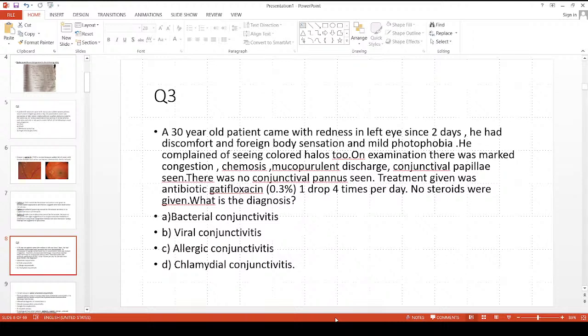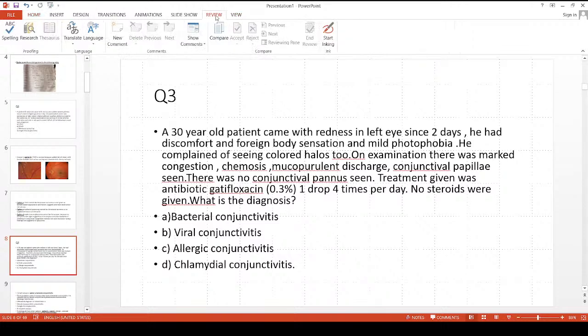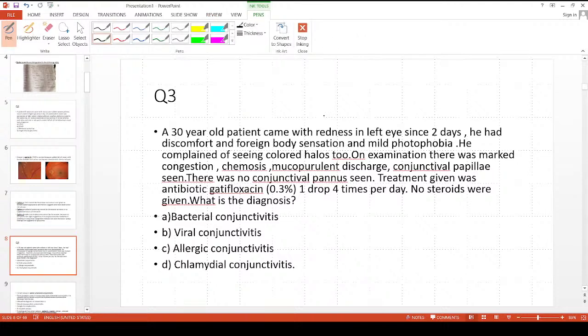Click on the review part, then click on start printing. Okay, now I can write.